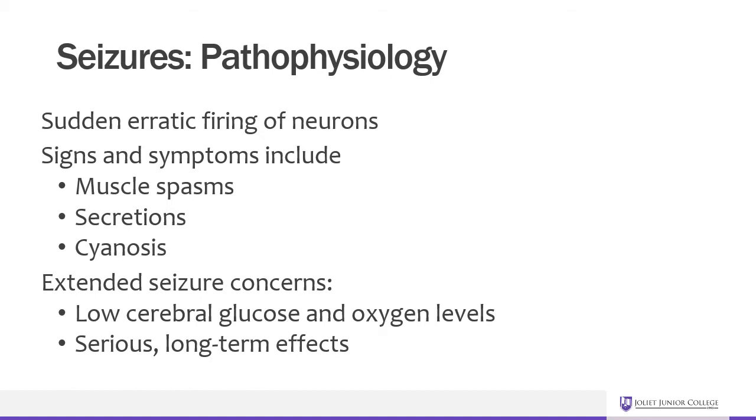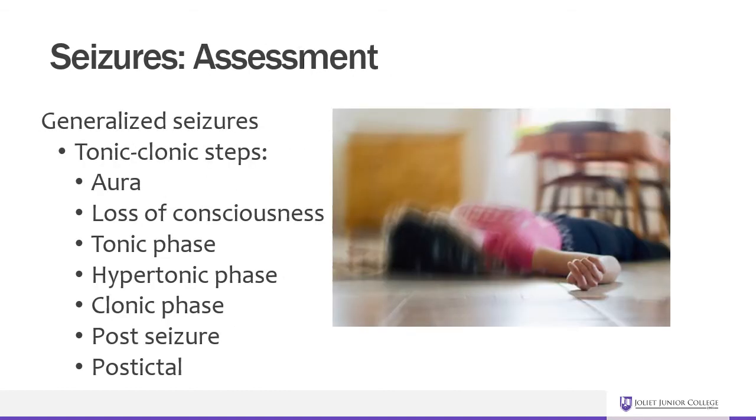Now, seizures do kind of follow a pattern, especially when we're talking about grand mal seizures, convulsive seizures. Sometimes, not always, and not with every seizure, but the patient will have an aura. They'll have a warning that a seizure is coming on. They may see lights. They may have an odd taste in their mouth.